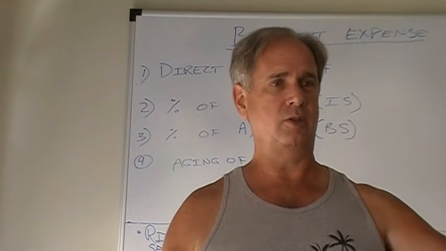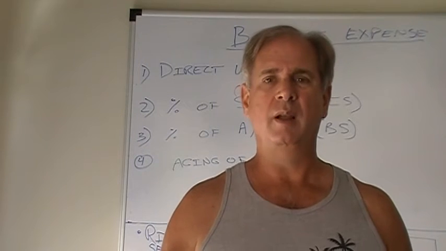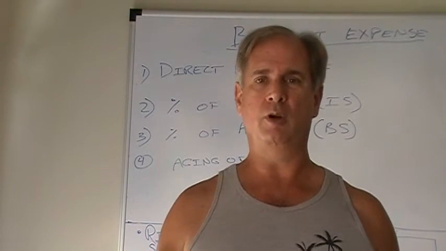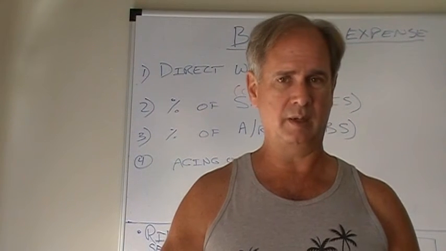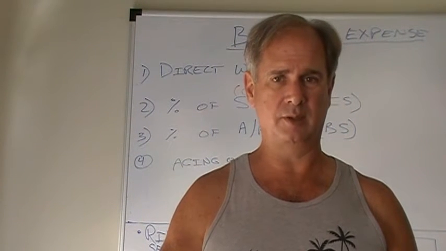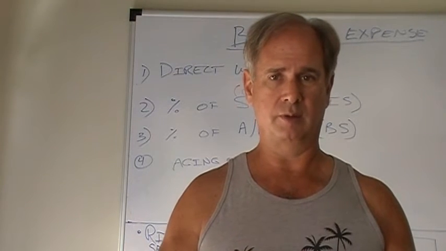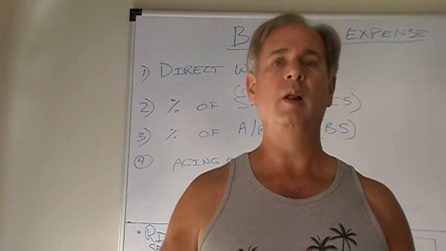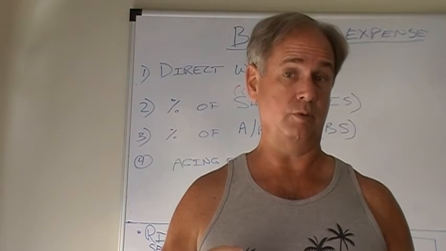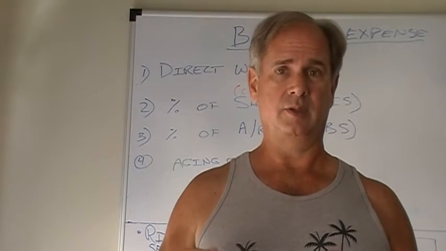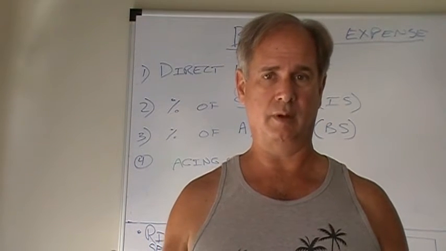And I look at my historical trends from previous years, and I go about 10% of each year's credit sales go bad. So on December 31st, I'm going to debit an account called bad debt expense for 10% of that year's credit sales, which let's say was $1 million. So I'm going to debit bad debt expense for $100,000, and I'm going to credit this new account called allowance for doubtful accounts for $100,000.